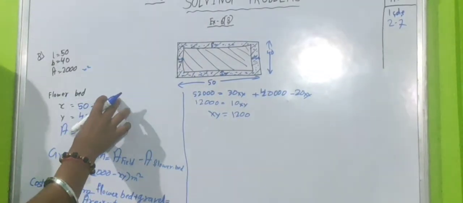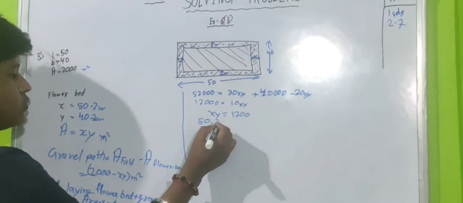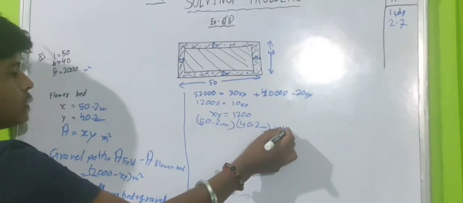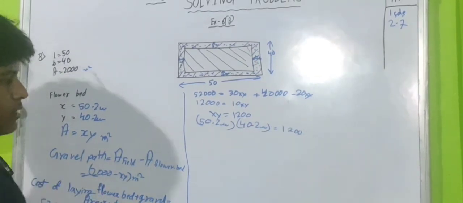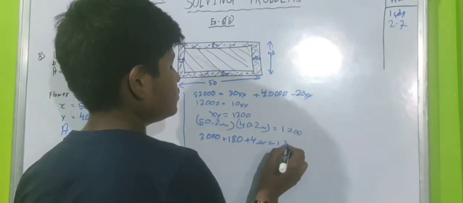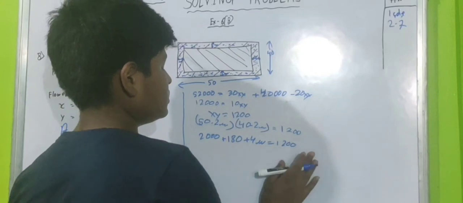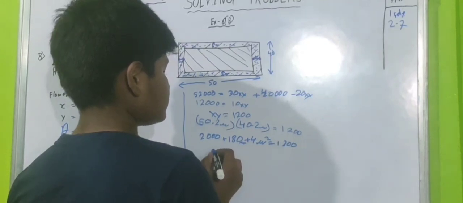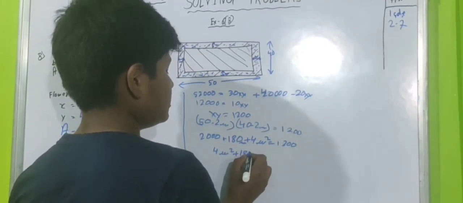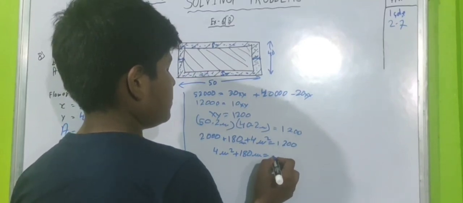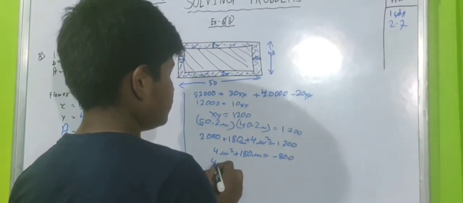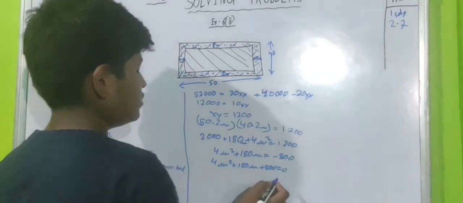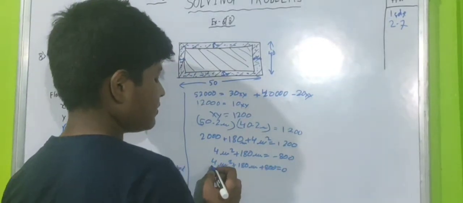Let's put the values of x and y here. So (50 minus 2w) into (40 minus 2w) equals 1200. Subtracting, we get 4w square plus 180w plus 800 equals 0. Divide by 4 because 4 is common to all.